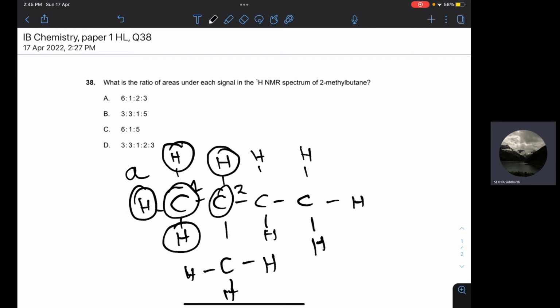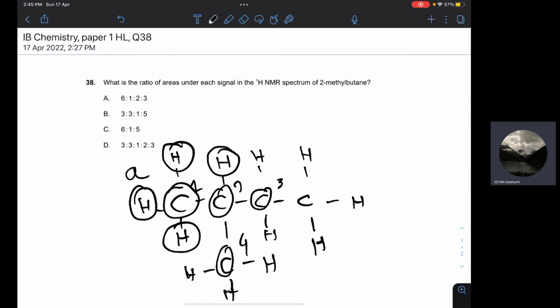Would this hydrogen be in the same environment as these 3? Well, no, it would not, because the carbon that this hydrogen is attached to is bonded to 2 other carbons, right? This carbon number 2 is attached to carbon number 3 and carbon number 4. I'm just giving them random numbers, yeah?